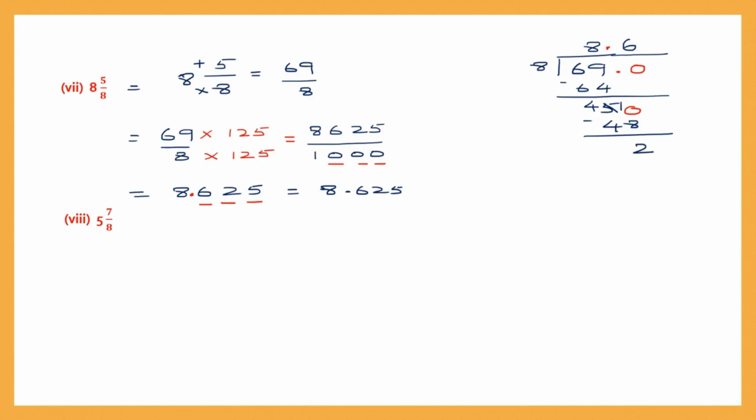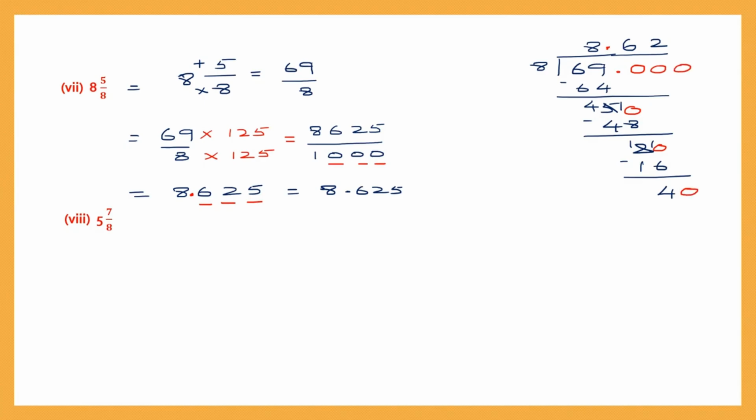Now it's not 0, so I need to continue my division. That means I'm going to put one more 0 here and bring that 0 down. Now what's my number? 20. 8 2s are 16. Again, I don't have 0, so I'm going to borrow here and find out what I get. 10 minus 6 is 4. So since my remainder is not 0, I'm going to put one more 0 here and bring that 0 down.